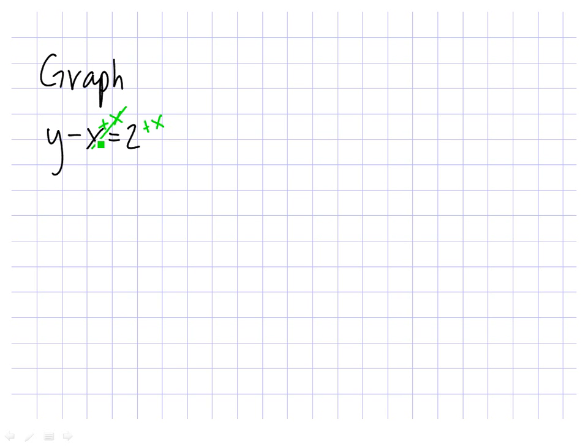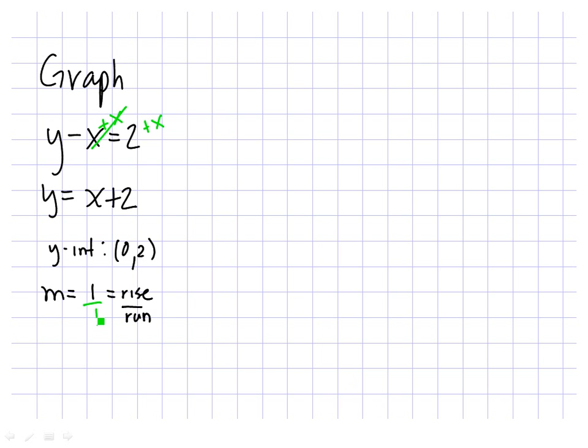That will cancel, and you will get y equals x plus 2. And here you have your y-intercept of 0, 2, and then you can rise, run. So what is the slope? The slope is 1. Alright, so in order to make a fraction there, just put it over 1.